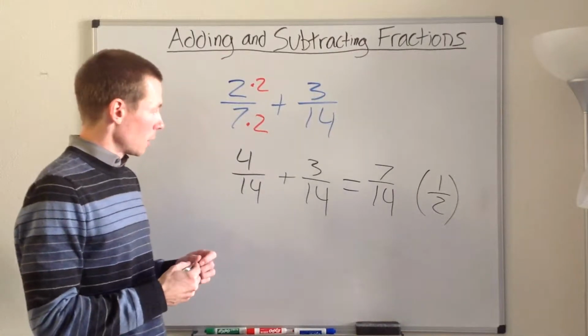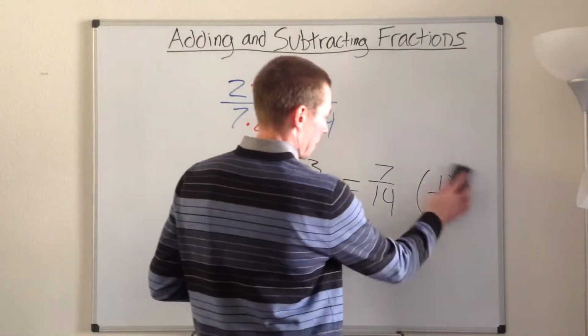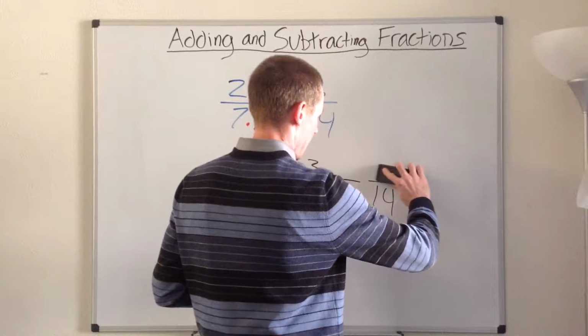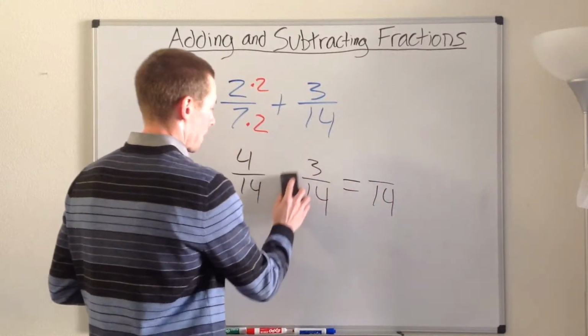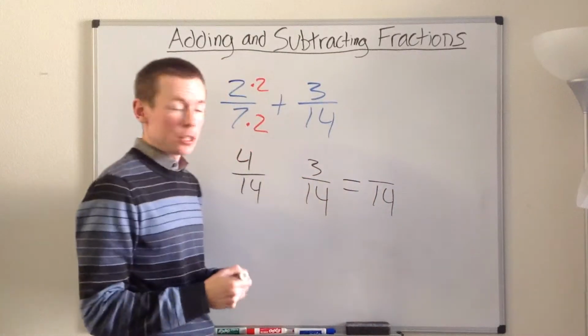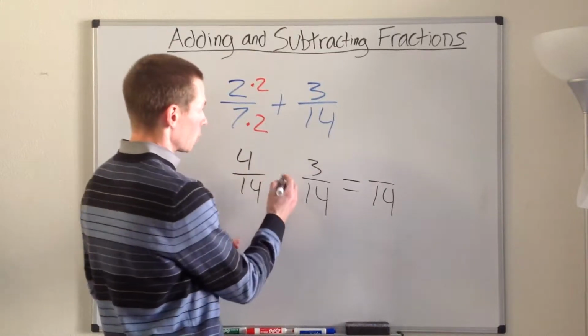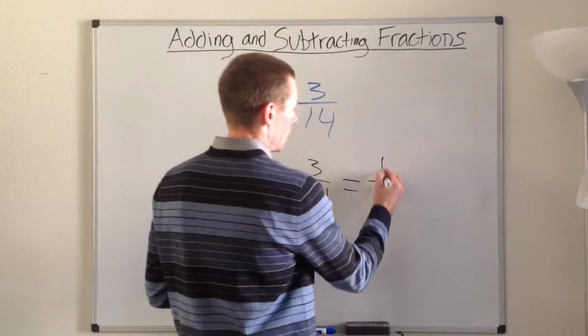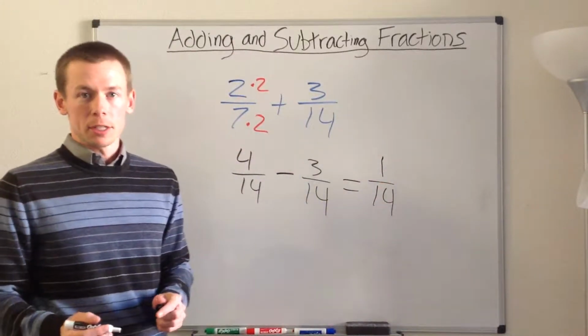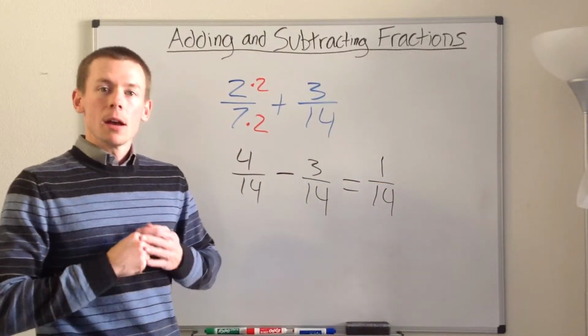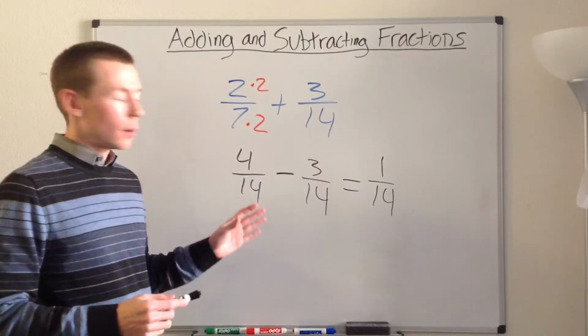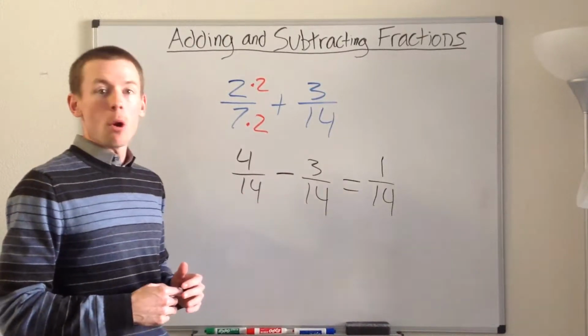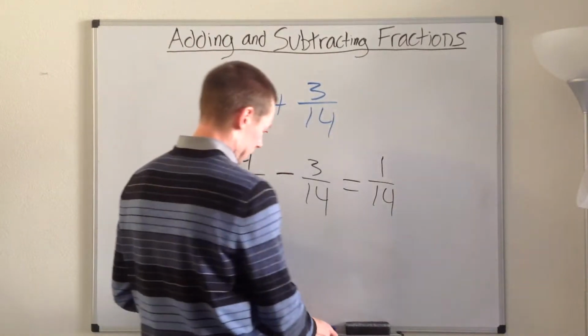Okay? If we wanted to subtract, again, we do the same adjustment, make them both 14ths. This time, if we're subtracting, we do 4 minus 3 and get 1/14. Okay. Let's look at one more where we have to change both denominators.